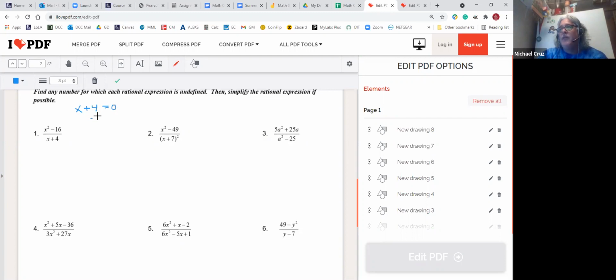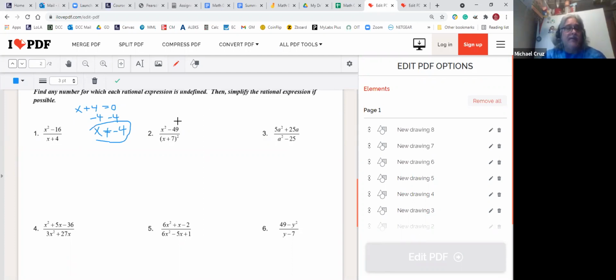If you can see it without having to do this, it's fine, but that means that x is the first part of my answer right there. That's this part. Find any number for which the rational expression is undefined. So x can't be equal to -4.